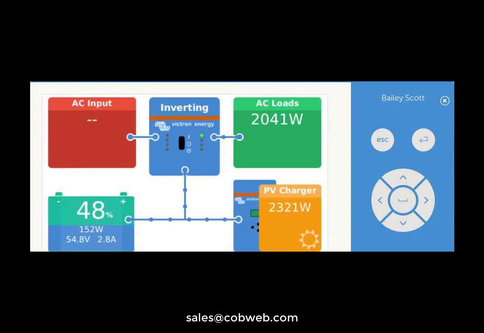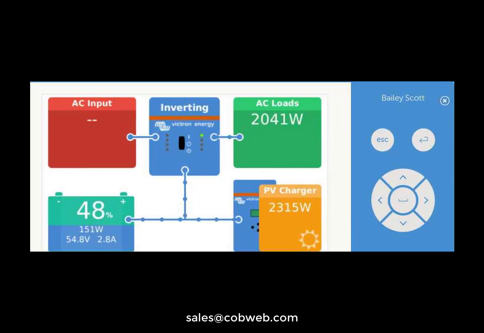You can also see the batteries on the bottom left, 48% charged and 54.8 volts. You can see this is ticking over in real time, but the issue with this is that only one user can access this at a time. If another user connects, it disconnects the previous user. Multiple members of his household need to be able to see the stats in real time. So, whilst there is a partial solution there, it wasn't sufficient to meet his requirements.